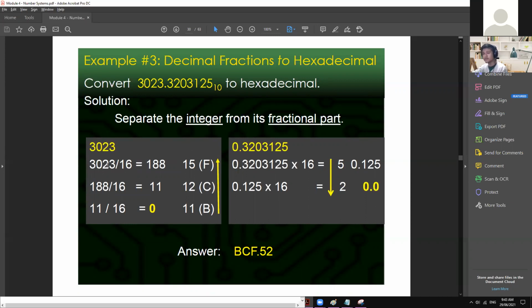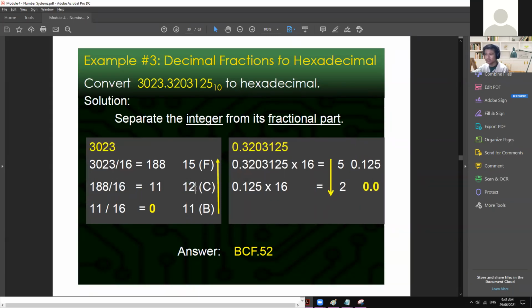So in here, 3023 divided by 16 will give us 188 point something. That point something must be multiplied with 16, and then you will get 15. Then just convert that one to F right away. And then 188 divided by 16 will give you 11 point something. That something must be multiplied by 16, and then you will get 12.